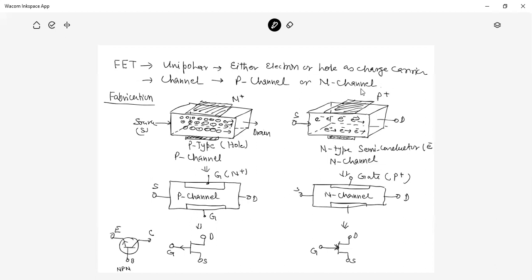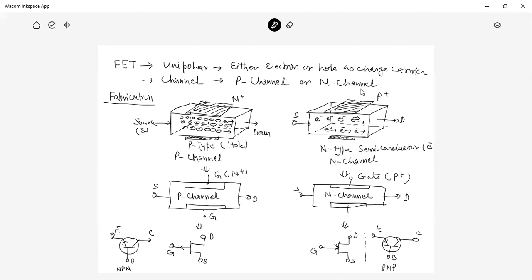And when you put the arrow inside, this is your base, this is collector, and the only difference is the arrow points to E, and then it is known as PNP transistor.